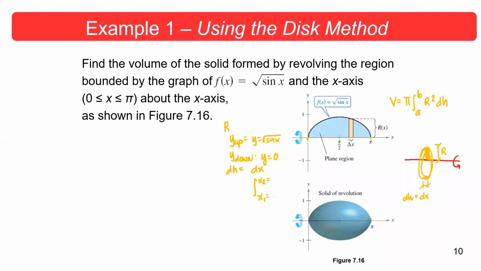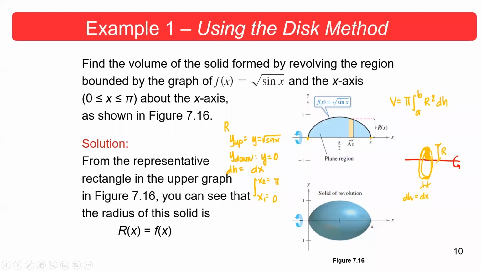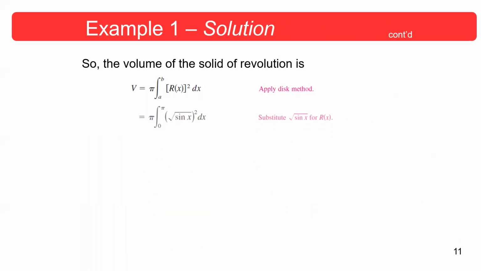So x1 is 0, x2 is pi, right? Okay. So from the representative rectangle in the upper graph, you can see that r(x) is basically a function of x. As I have said earlier, volume is equal to pi integral of r squared dh from a to b.